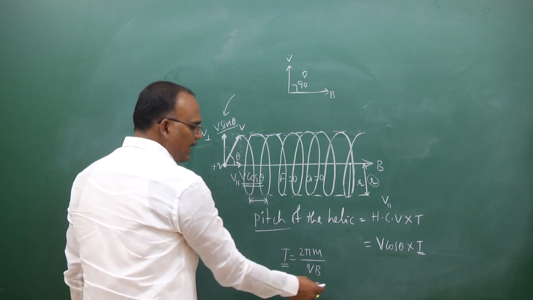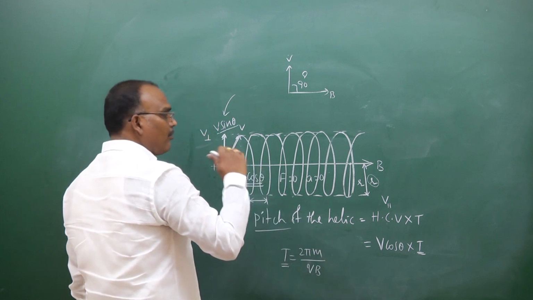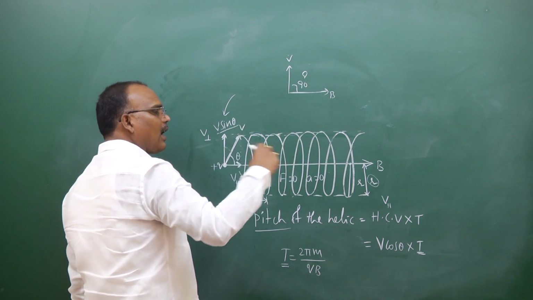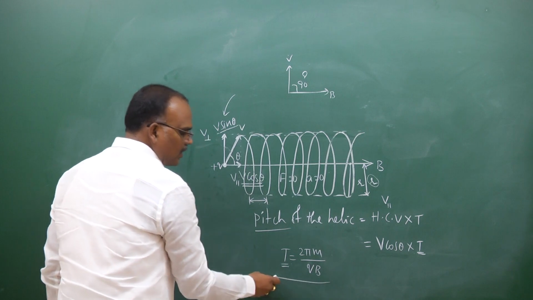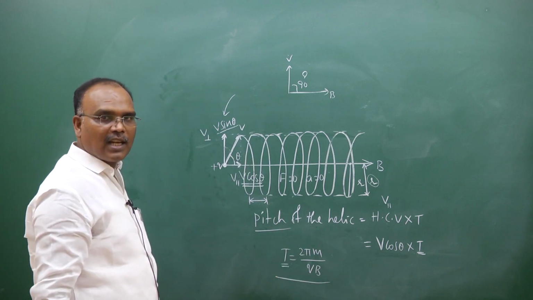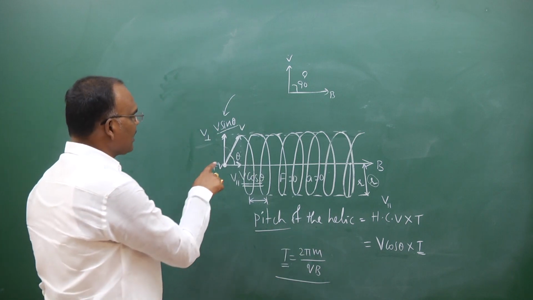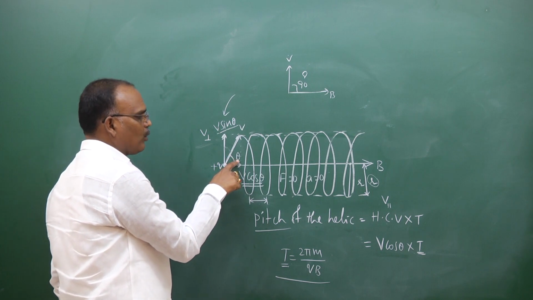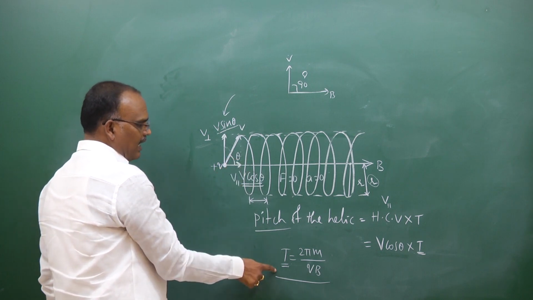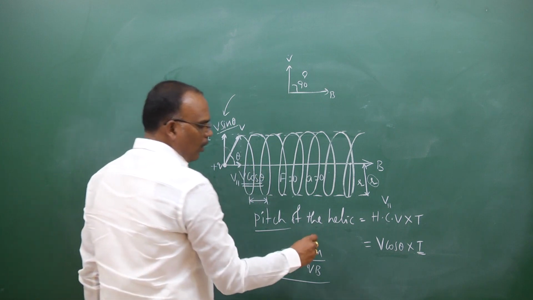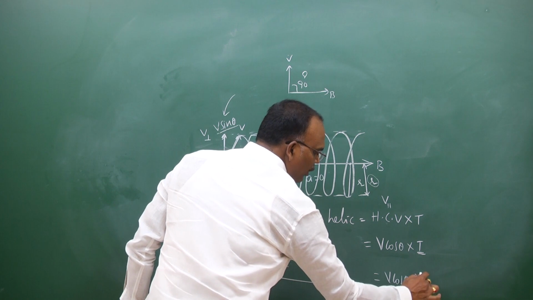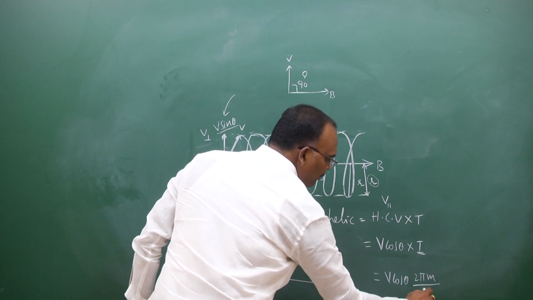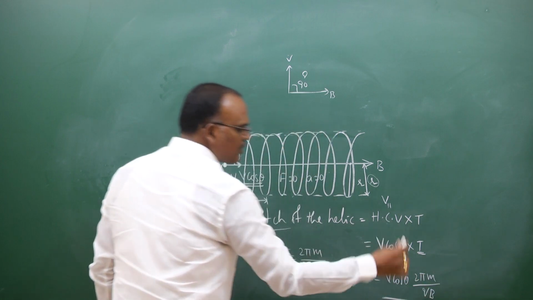So whether it is thrown perpendicular or at a certain angle, it remains the same, even when projected at an angle other than 0, 90, 180. So pitch of the helix is V cos theta into 2 pi m by qB.